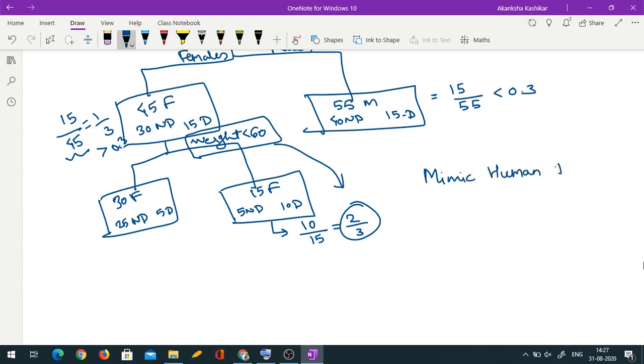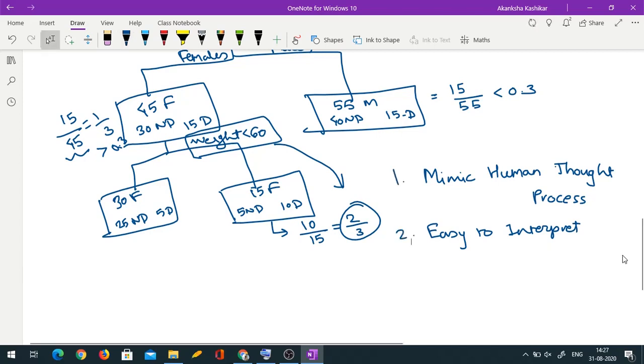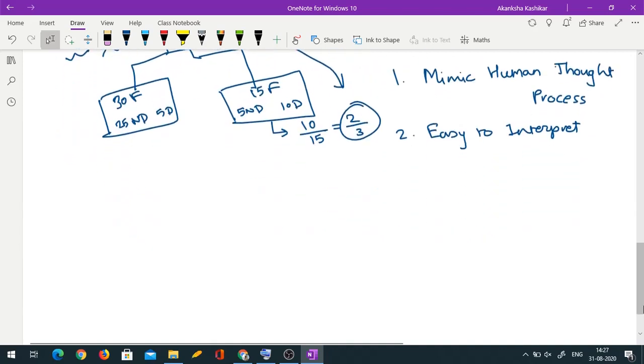That is one of the advantages, and the second advantage is they are very easy to interpret. Hence they are widely used, especially in biostatistics domains, because doctors find it very easy if things are interpretable.